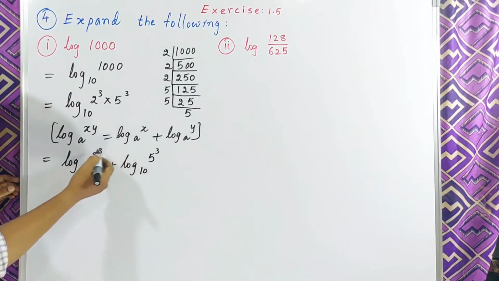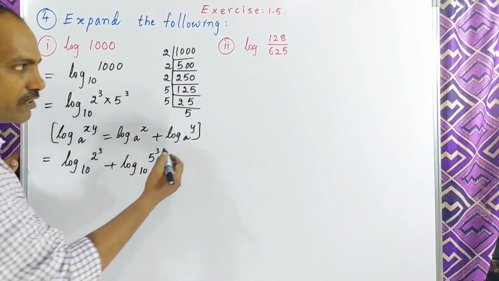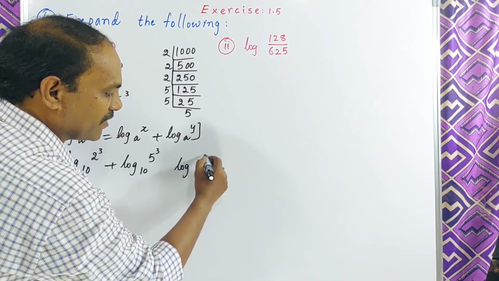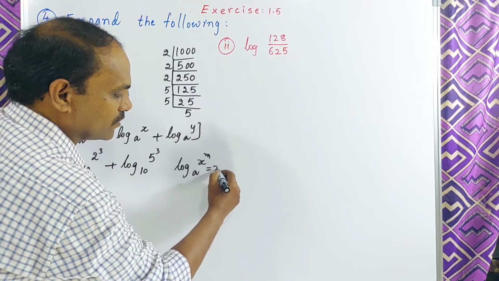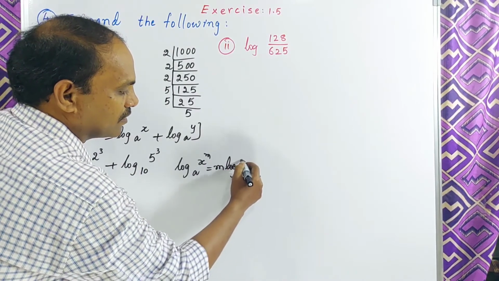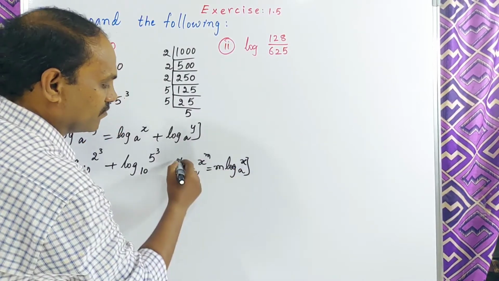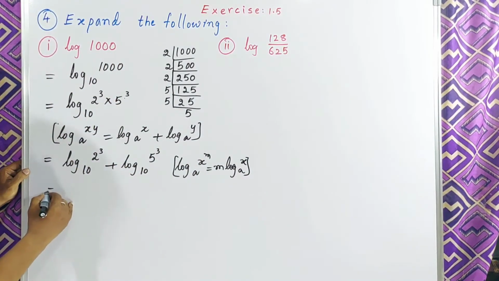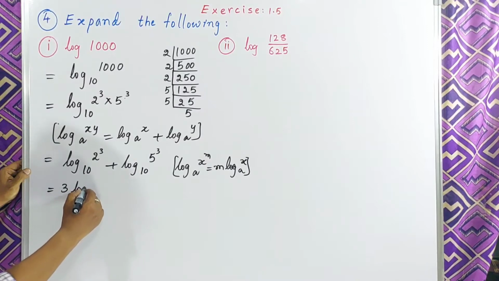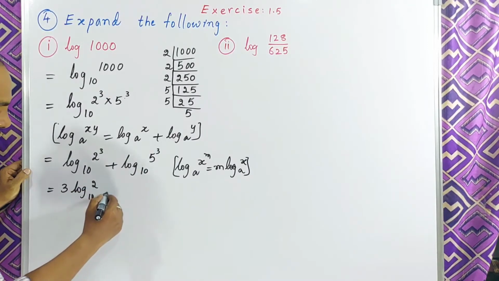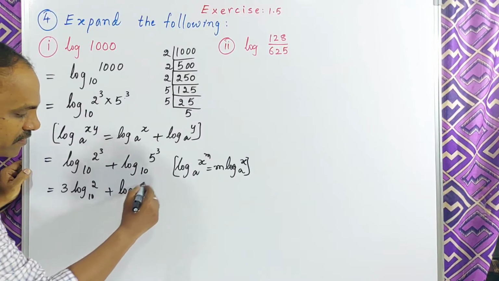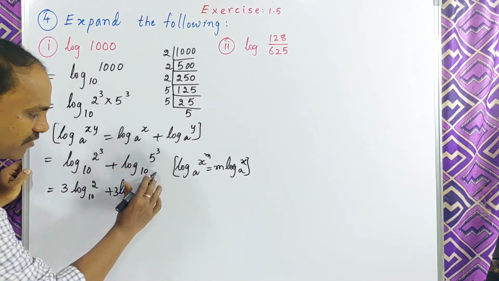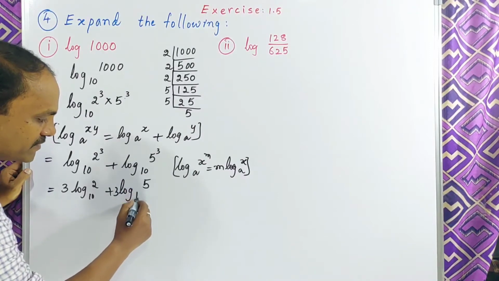Now again there is a cube, so what formula are we going to use here? Log x power m to the base a is equal to m log x to the base a. By using this formula, we can write these exponents in front. So 3 log 2 to the base 10 plus 3 log 5 to the base 10.